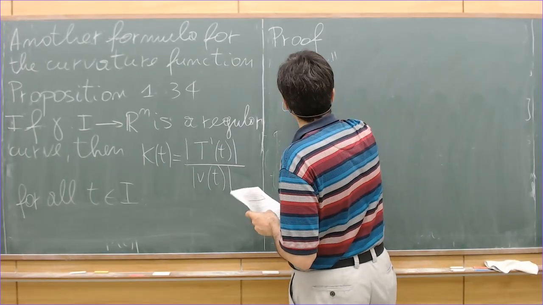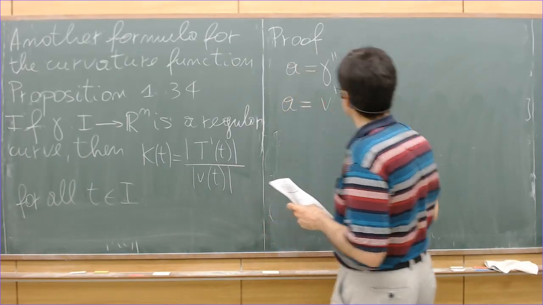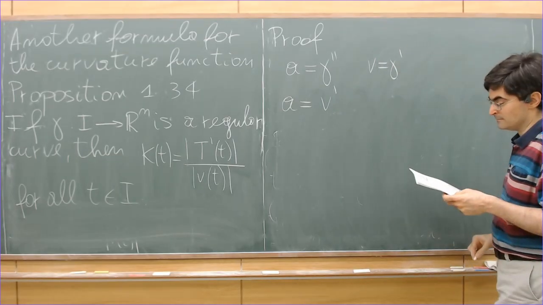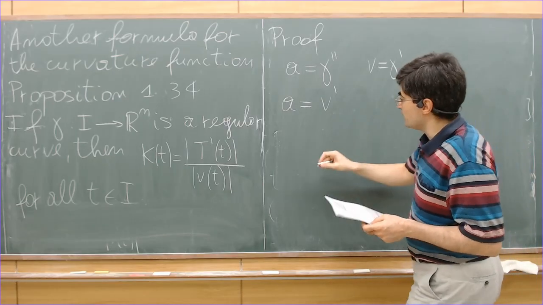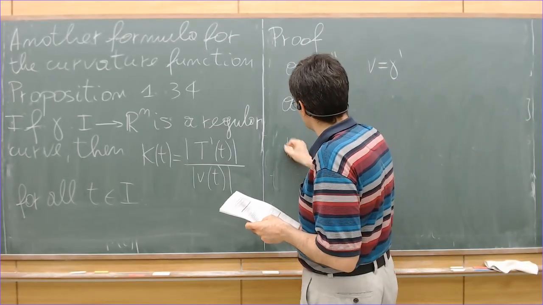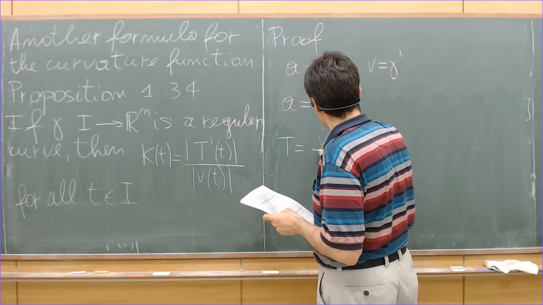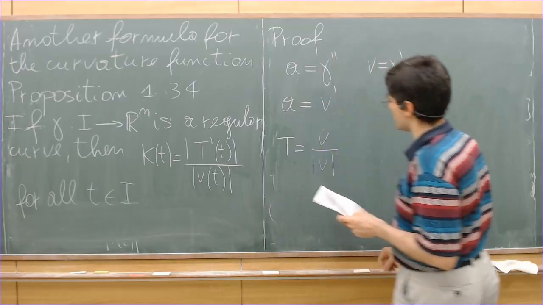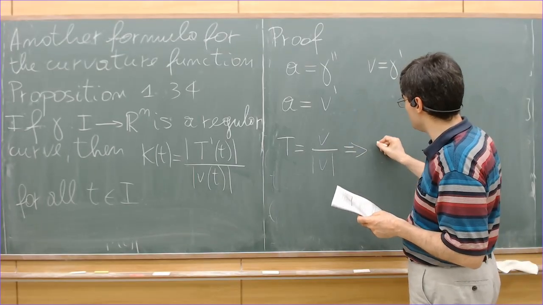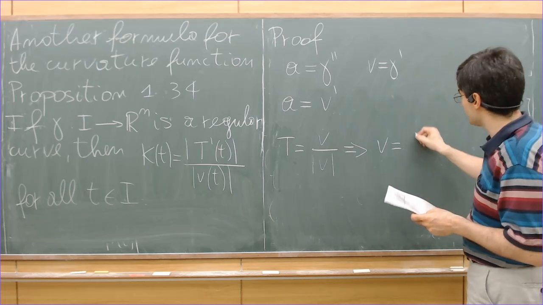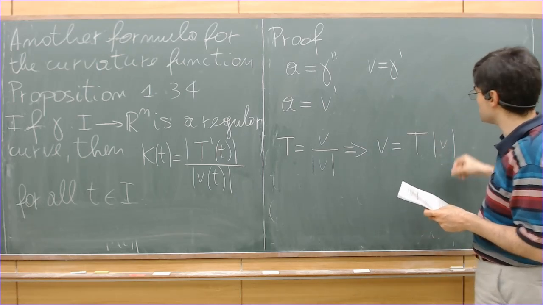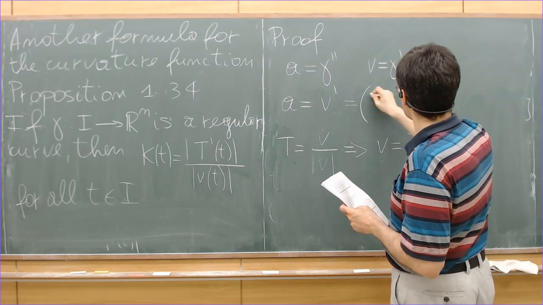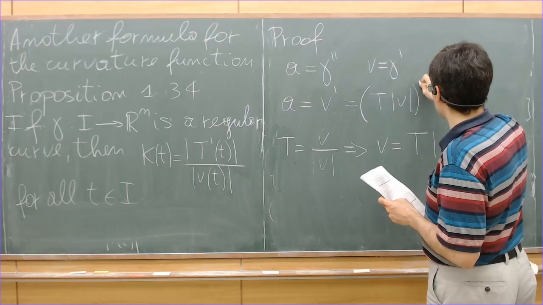That is, A is V prime, because V is gamma prime. By definition of unit tangent vector, I can write V as T times its length. So I can write here A equal to (T times the length of v) prime.